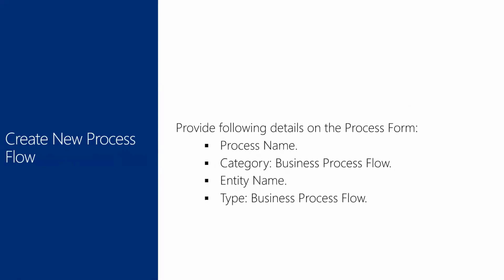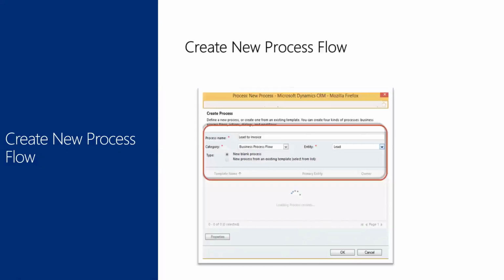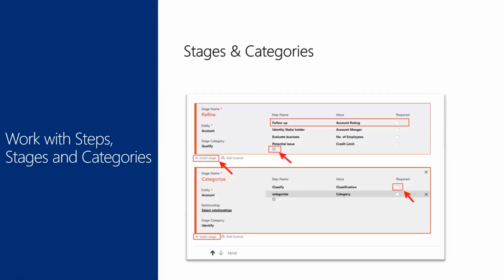It involves the process name, the category, the entity name, and the type, which you have to set as business process flow. So these are the fields that you set up, like process name, category, entity, etc. And then you create the stages.